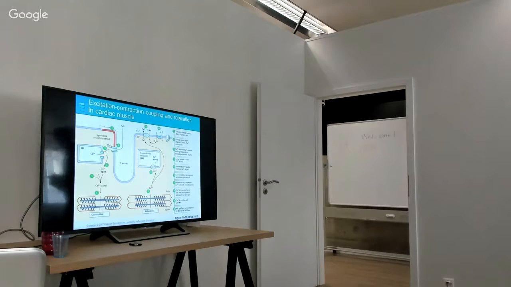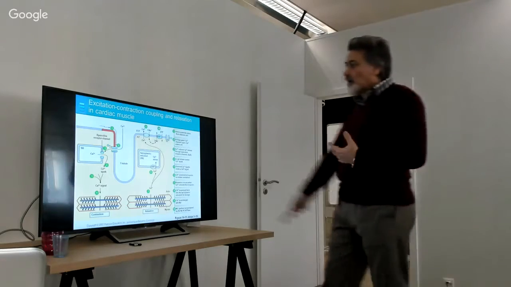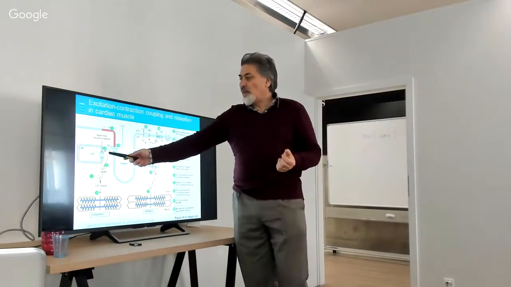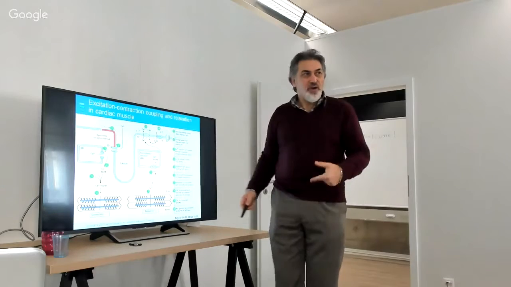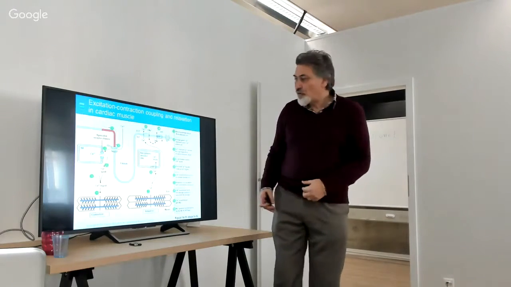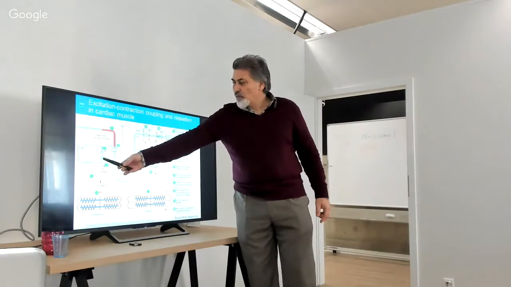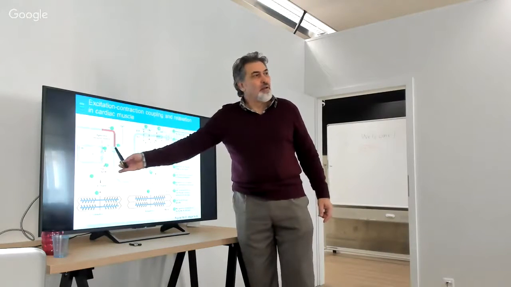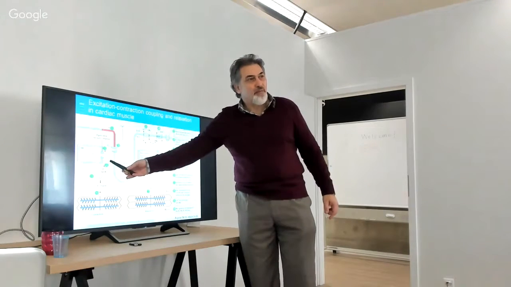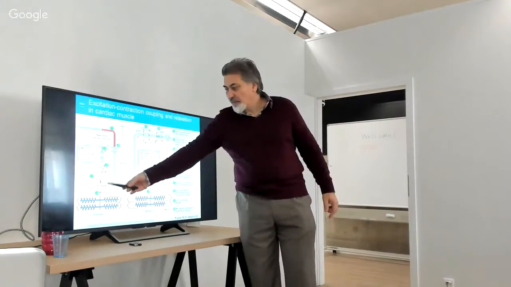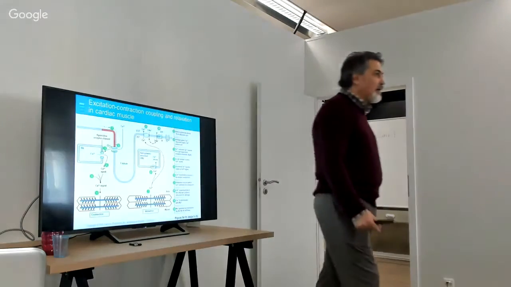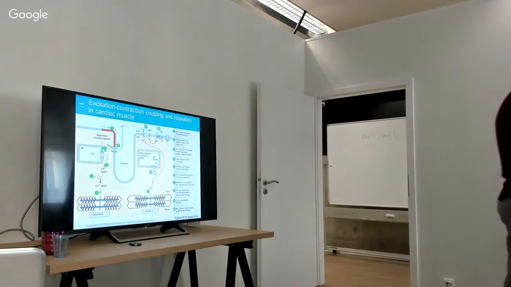So when an action potential arrives, this channel opens, and we will see this channel again in the electrophysiology part. Calcium goes in, induces the calcium release from the sarcoplasmic reticulum, and we have the calcium signal to the sarcomere for the contraction.